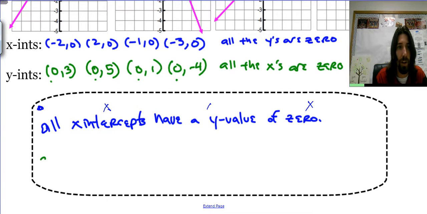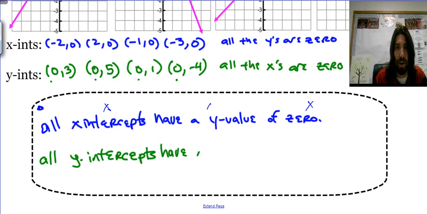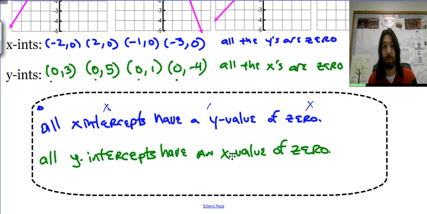And I also know that all y-intercepts have an x value of 0. So if we're talking about intercepts, one number is 0, and we're trying to find the other number.